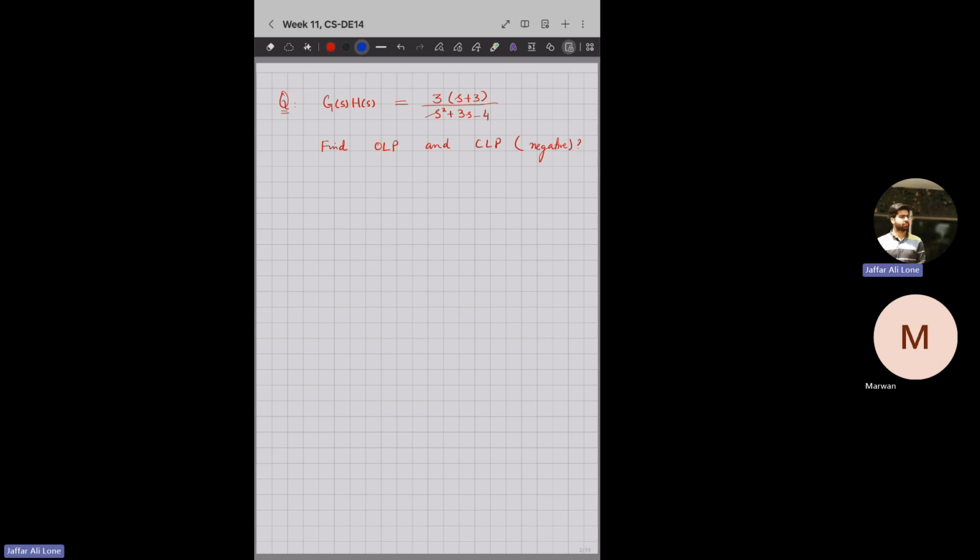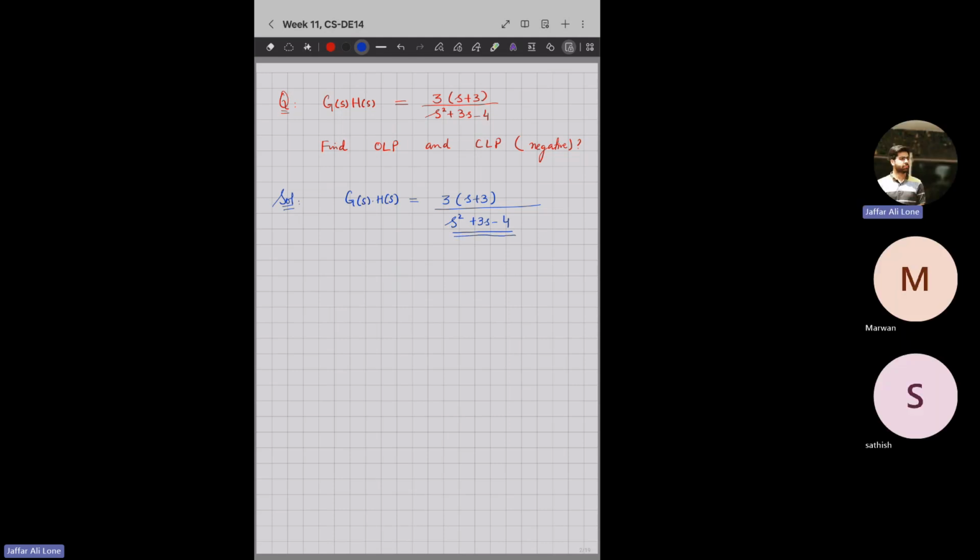Now, how do you solve it? My G(s)H(s) is 3 into (s plus 3) divided by s squared plus 3s minus 4. For open loop poles, we solve the denominator of the open loop transfer function. My denominator is s squared plus 3s minus 4, and this equal to 0 gives me the open loop poles.